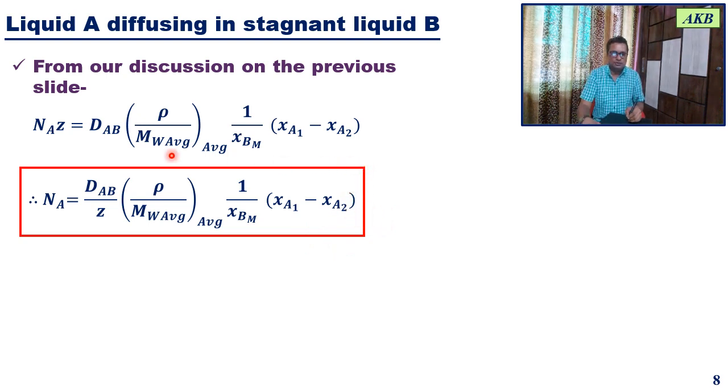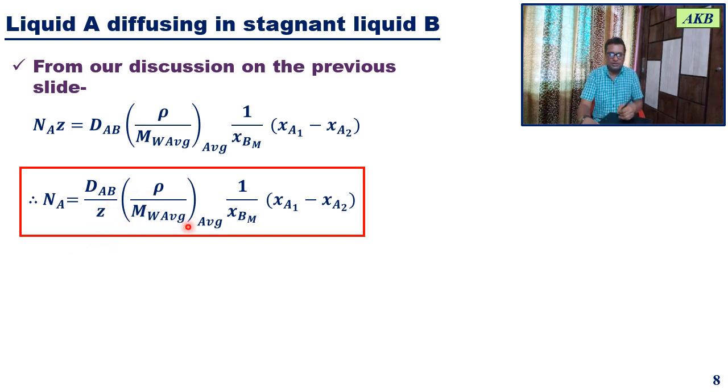So the equation in this box gives you Na. What is Na? Na, as per this equation, is the steady state molar flux of A if it diffuses in stagnant B. When B is not diffusing, only A is diffusing under steady state condition, and if somebody asks you to find out the rate of diffusion, you can directly use this equation.